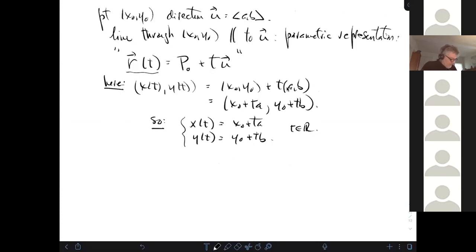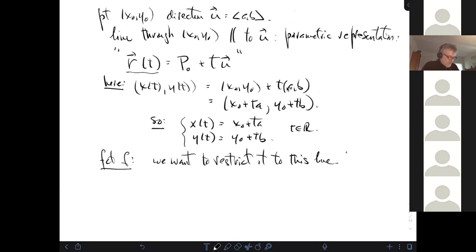Okay, so I have my function f, and we want to restrict it to this line. So how do we do that? Well, you simply evaluate it on the line only. So we get a new function of one variable, which I'll call g.